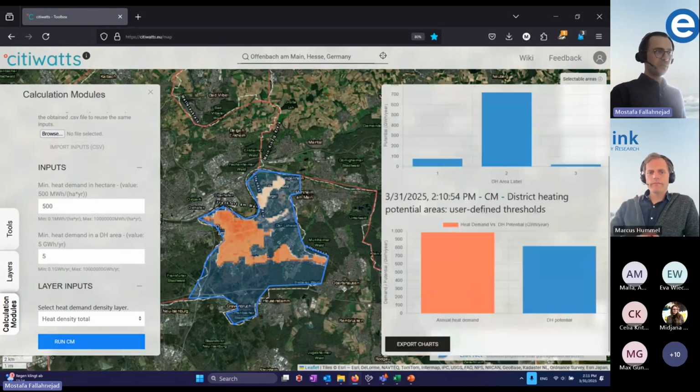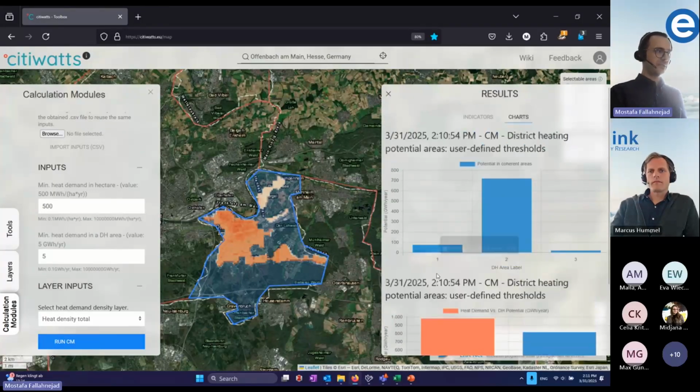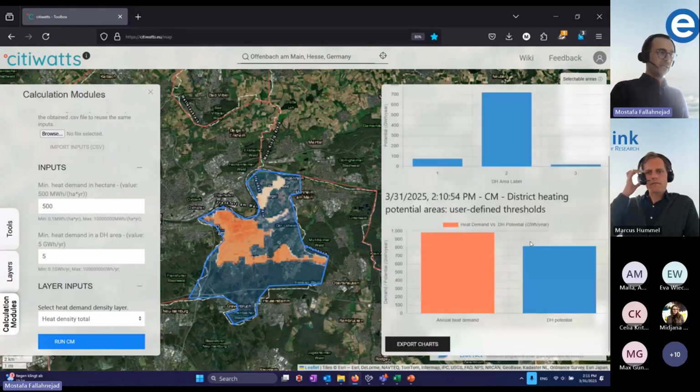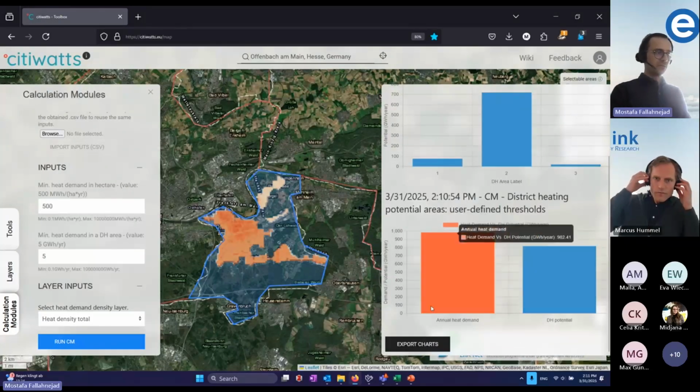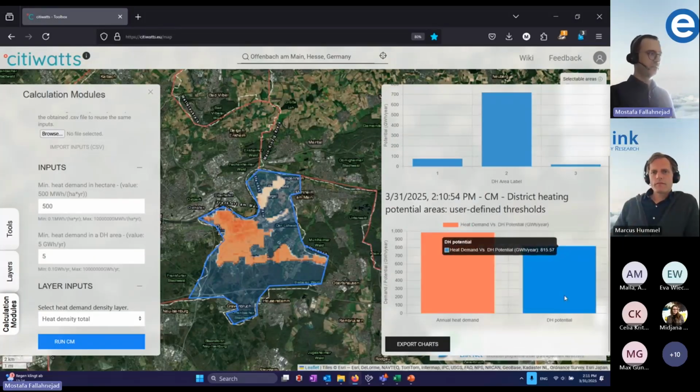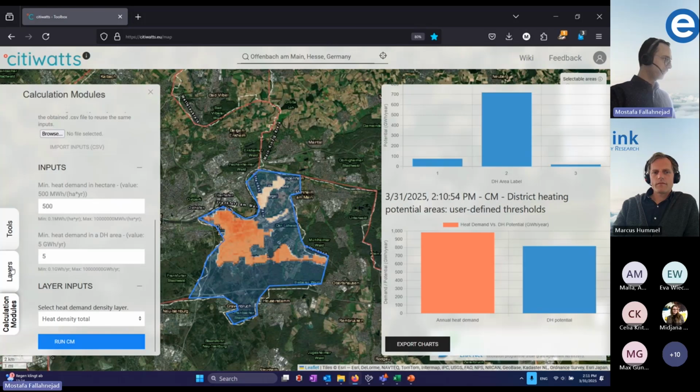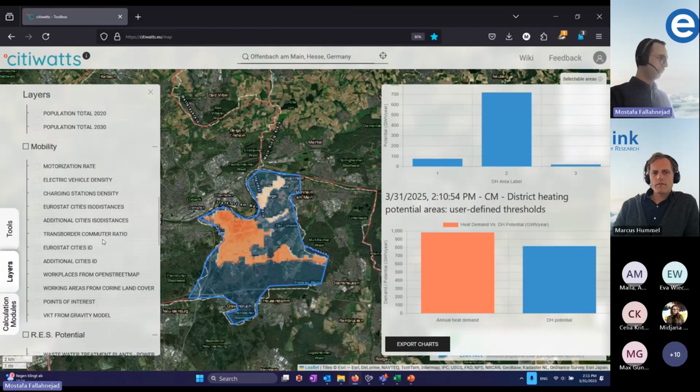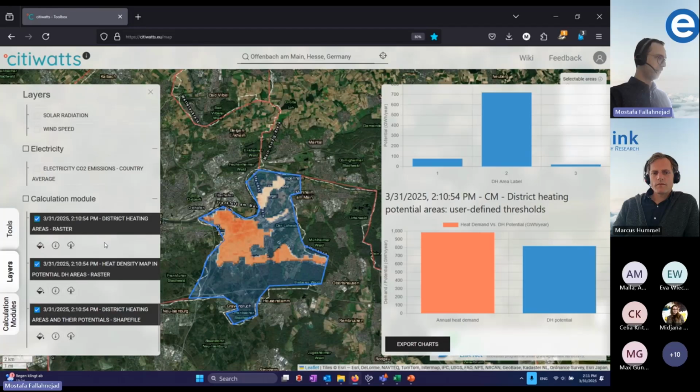And there are also some charts provided. You have KPIs on every single identified coherent area, and also the annual demand compared to the demand inside coherent areas. On top, there are also some layers generated by these calculation modules.